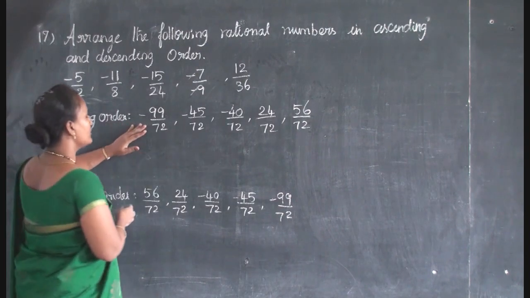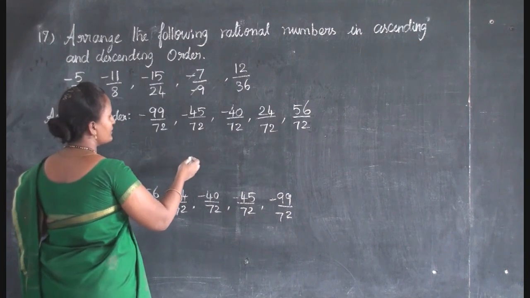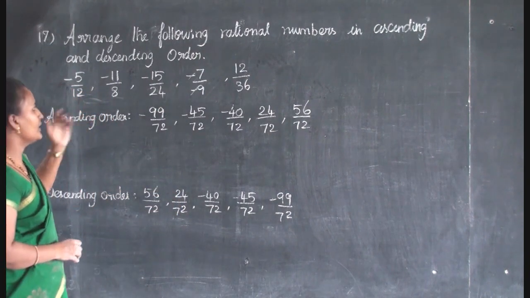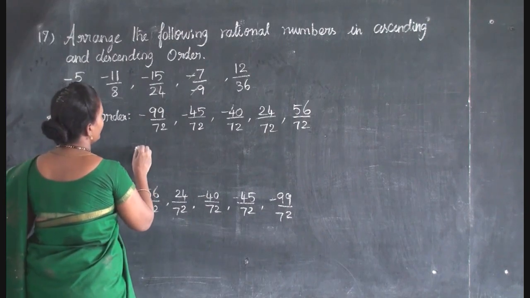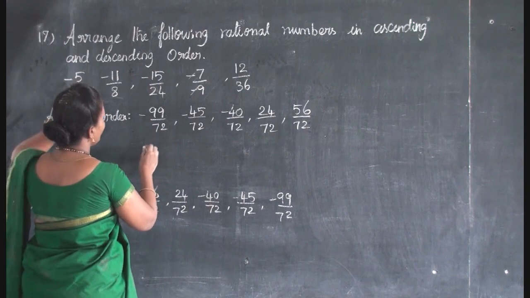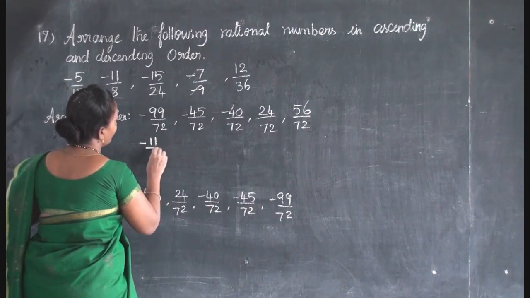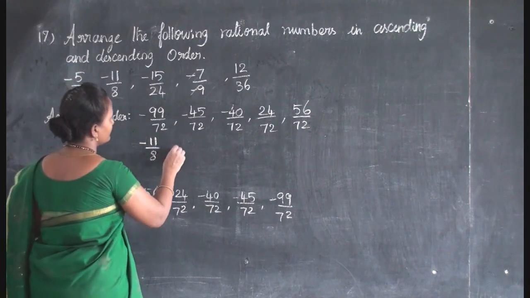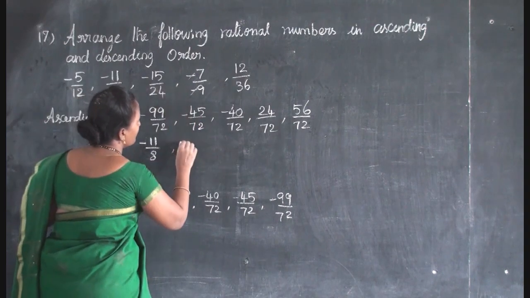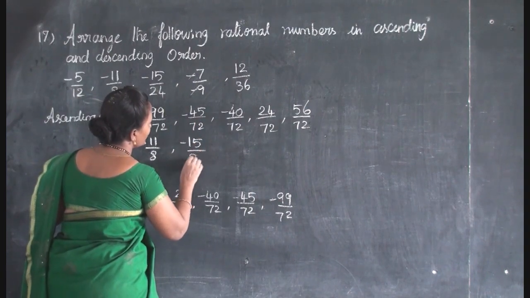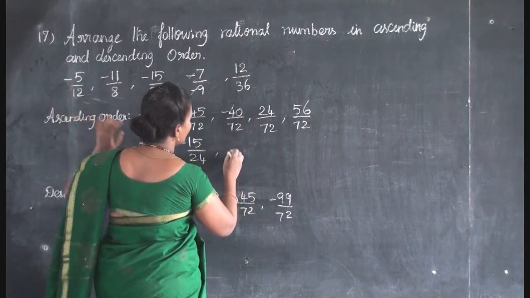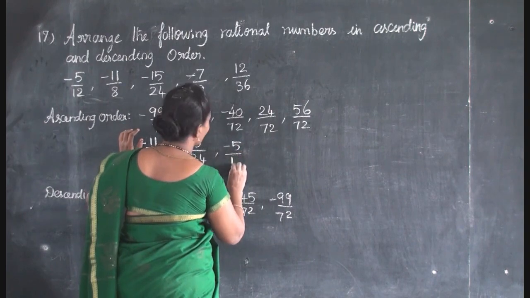Don't stop here, children. We have to write these numbers corresponding to the numbers in the question. So minus 99 by 72 corresponds to minus 11 by 8. And then minus 45 by 72 corresponds to minus 15 by 24. And minus 40 by 72 corresponds to minus 5 by 12.